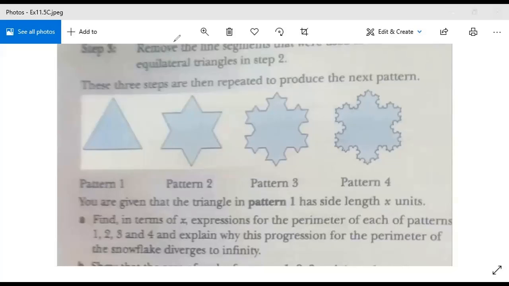So now we can see that pattern 2 is made up of, again, 3 triangles added to the previous pattern.